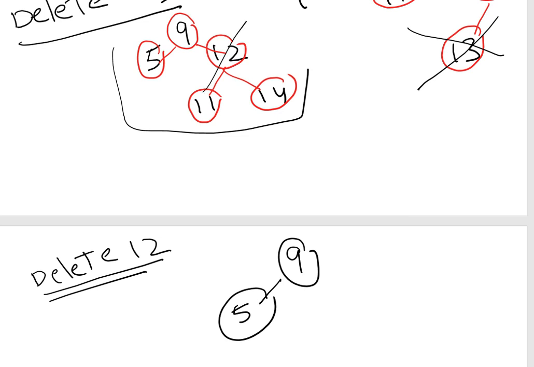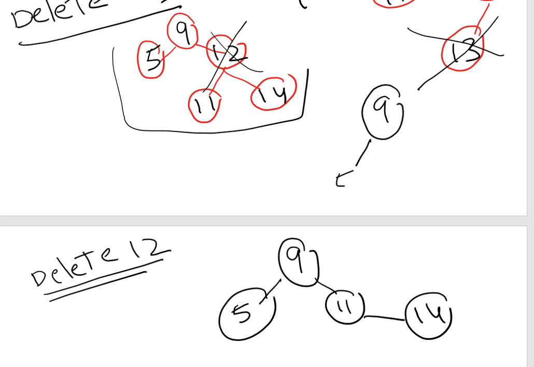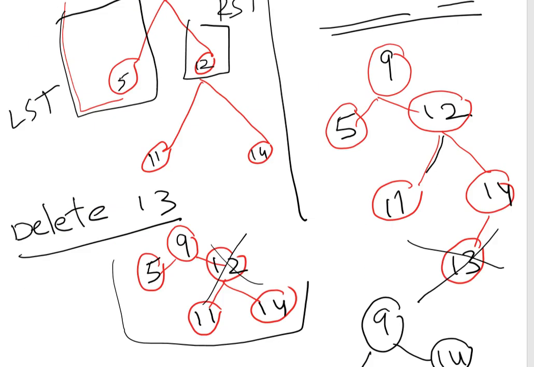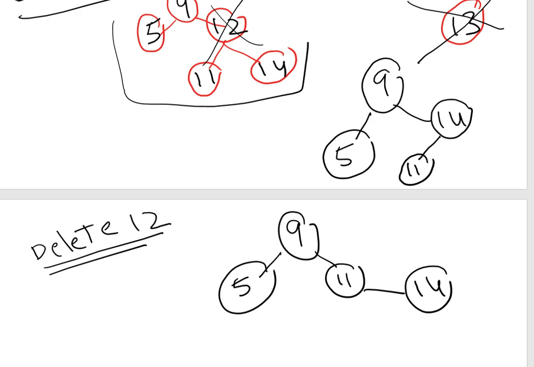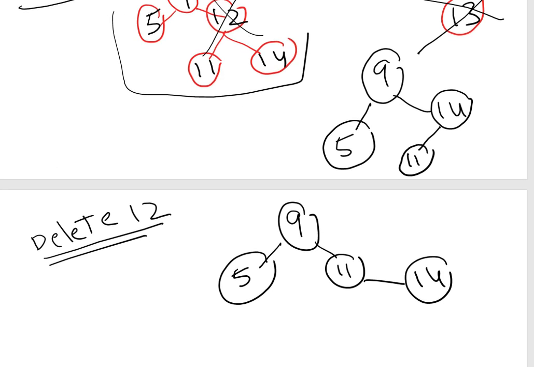I am deleting the 12 here. So if 11 is here, then 14 will be here. One other possibility is like 9, 5, and if 14 is here, then 11 will be here. Am I right? Simple things.